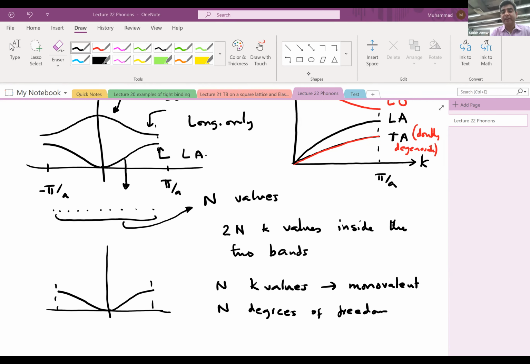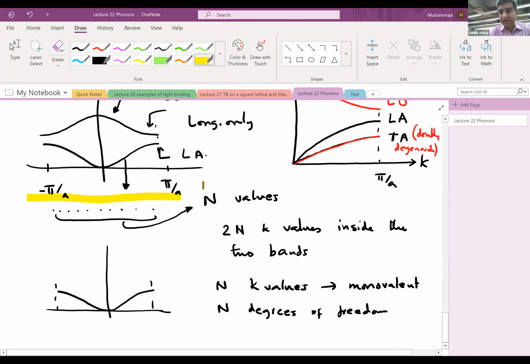If I have a diatomic situation, the situation that I've shown over here, there are 2N atoms. Each atom has 1 degree of freedom. So there are 2N degrees of freedom inside the solid, and all of them are captured inside the first Brillouin zone, which therefore is necessary and sufficient to describe the oscillations of this material.